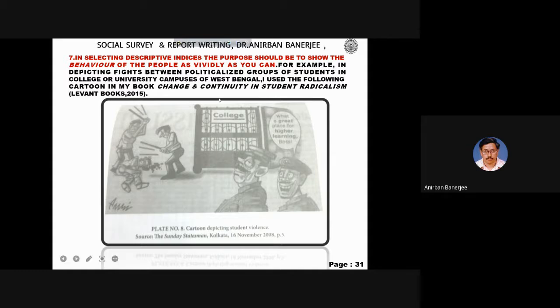See, here two students are beating one, in the college, and the constable tells his boss, "What a great place for higher learning, boss."